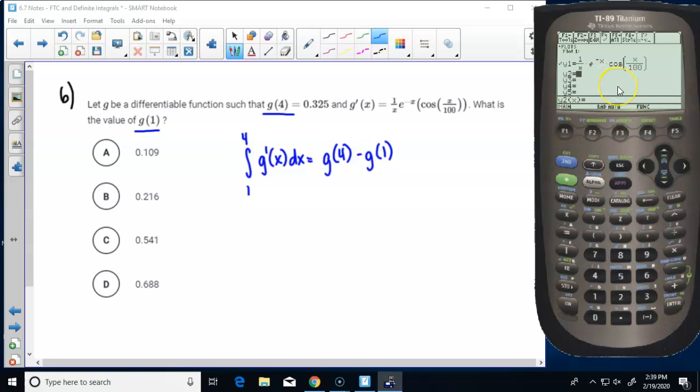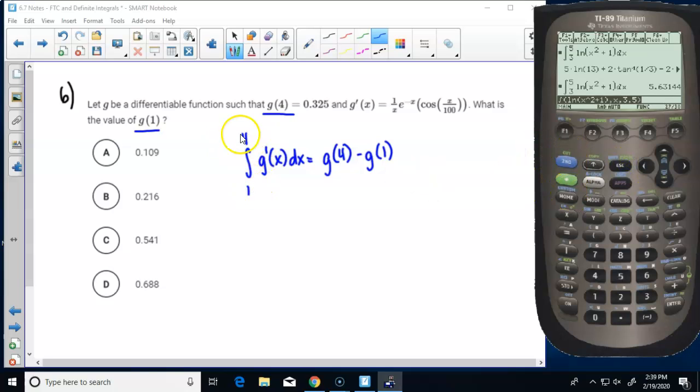You could do it from the main screen. Sometimes I just have a hard time with my parentheses whenever I've got so much stuff going on. So sometimes, especially if it's longer, I just like to put it into Y1. And so once you have put this into Y1, you can go back to the main screen.